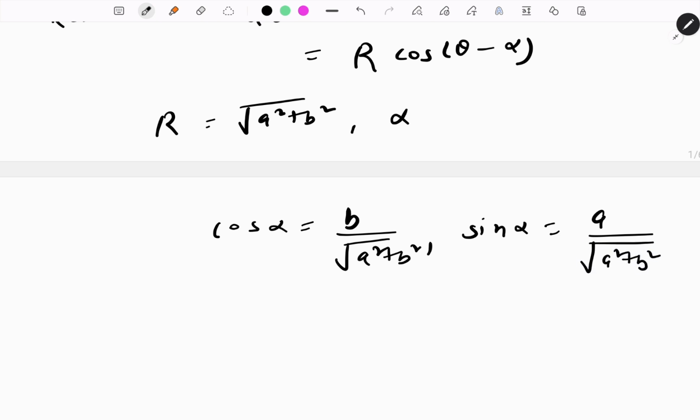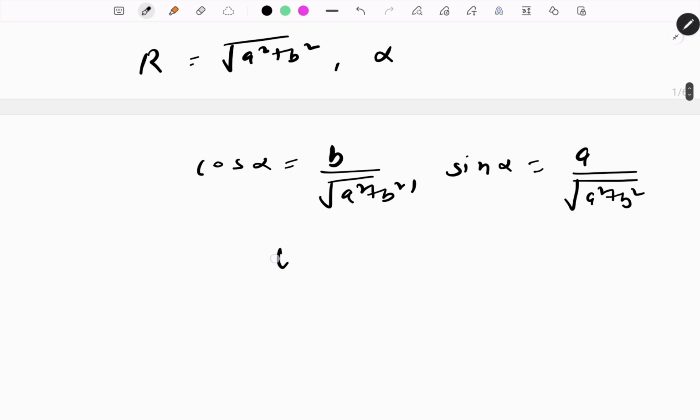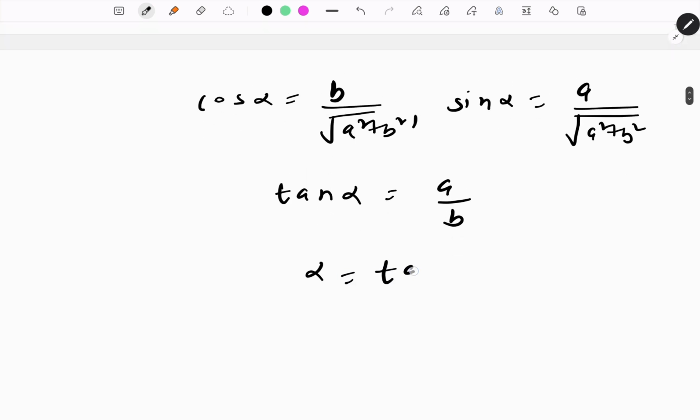Actually, if you know the values of a and b, you can find the value of alpha by putting the values of a and b, but let's simplify it. Let's convert it to tan by dividing these. So it converts to tan alpha equals a by b, and alpha will be tan inverse of a by b. So both are equivalent. It is just saying on which value of the angle alpha the tangent function takes the value a by b.